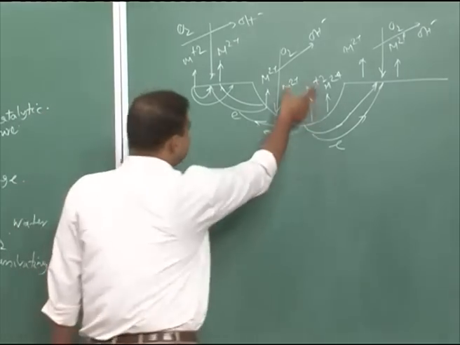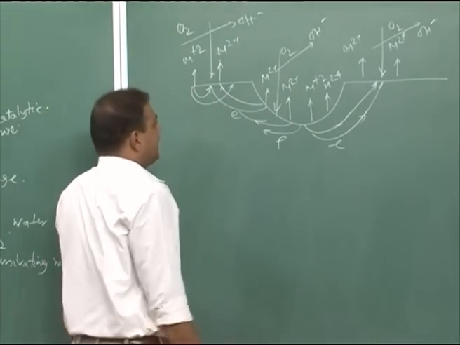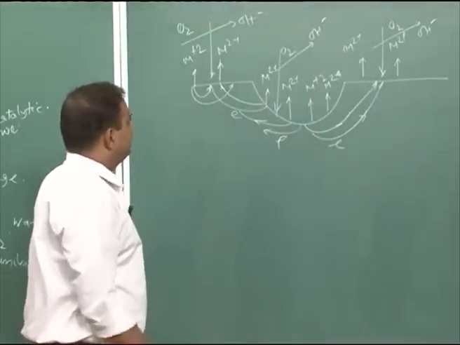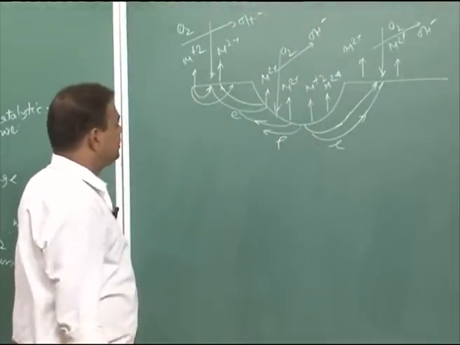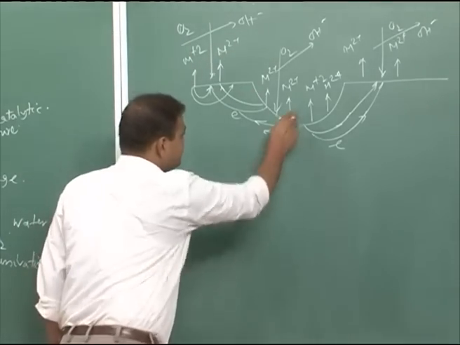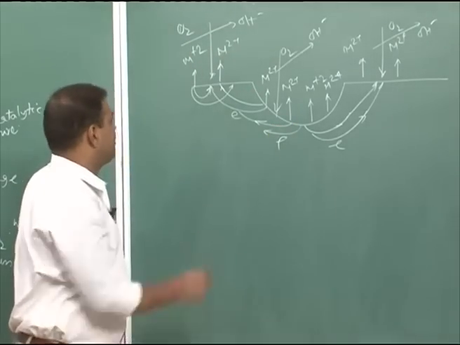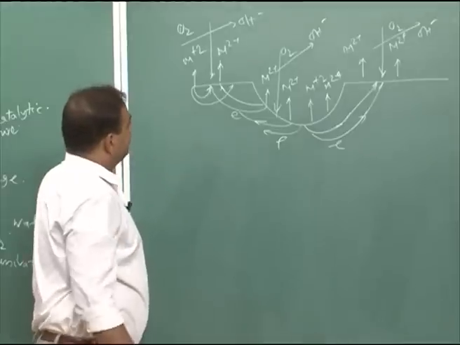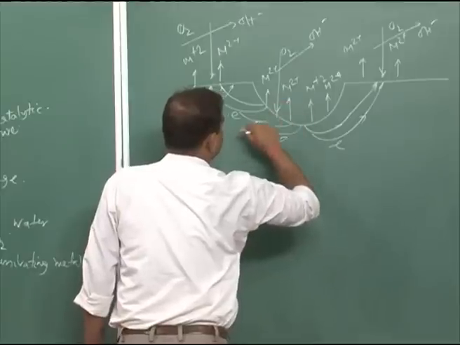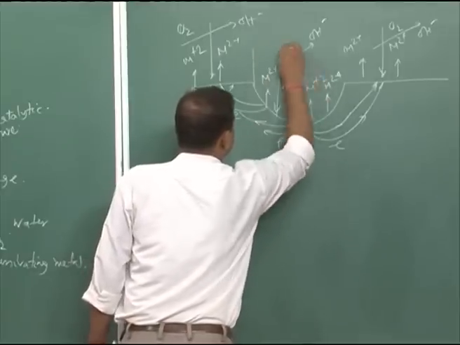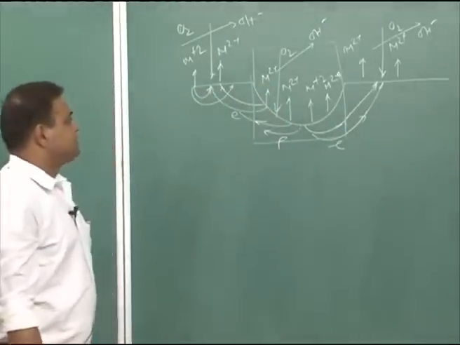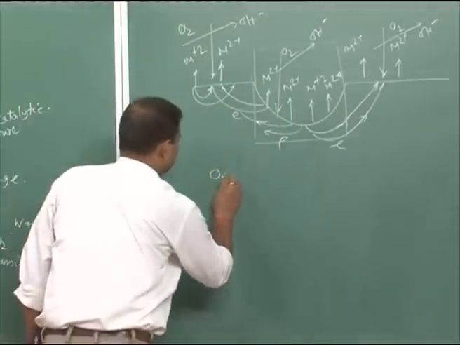This section is stagnant, and the other section could still have a little bit of movement, but the overall solution is more or less stagnant, and this section would be much more stagnant compared to the other section. Since oxygen is taking care of these electrons, in this part gradually we will see that oxygen depletion will take place.